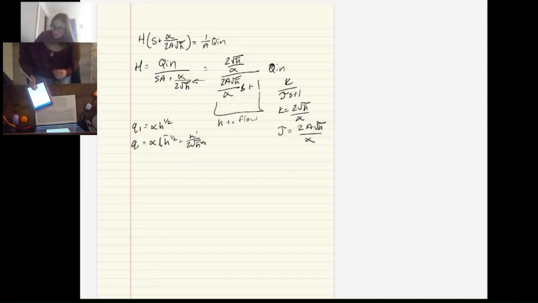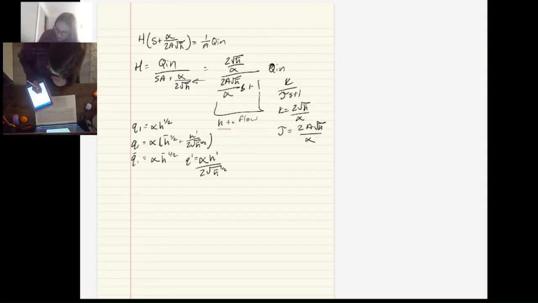And then we have our Q bar there, and then our Q prime is equal to alpha H prime over 2 H to the 1/2.